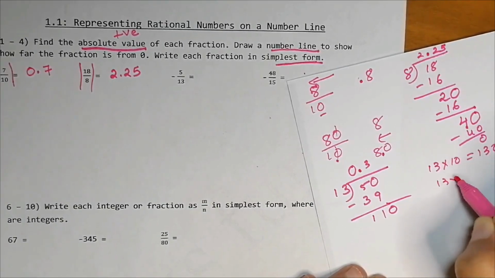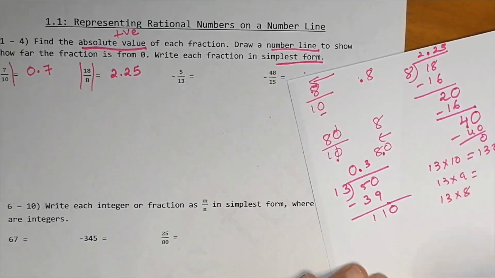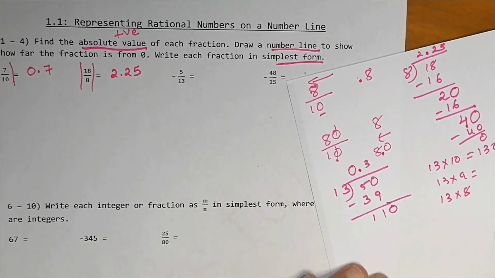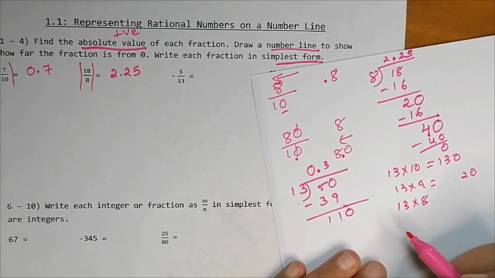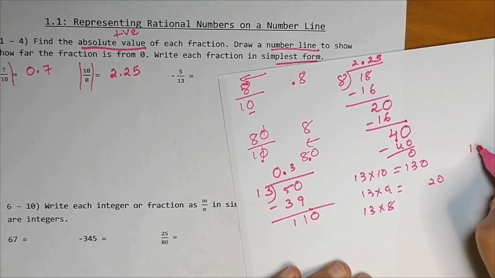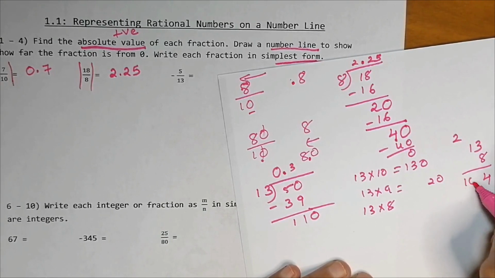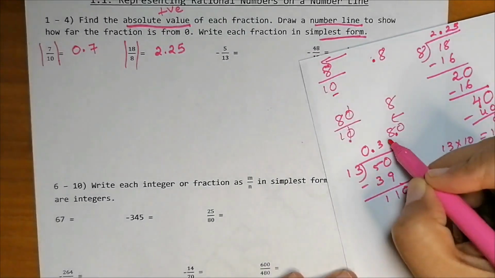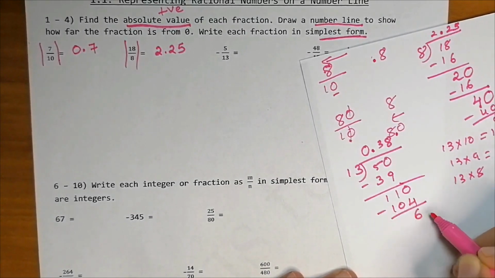So 13 times 9 will not also work. So 13 times 8, let's try that. You know what is 13 times 8, right? Do you know it or you don't? If you don't know, let's just do it here quickly. 13 times 8. 3 times 8 is 24. 2 carried forward. 8 times 1 is 8, plus 2, 10, so it's 104.